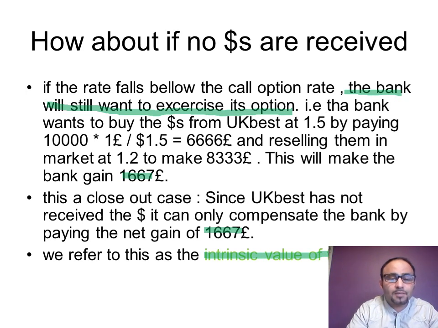We refer to this simply as the intrinsic value of the option. The intrinsic value of the option in this case is simply the difference between what the bank can get in the market and what it can pay to exercise its call option.